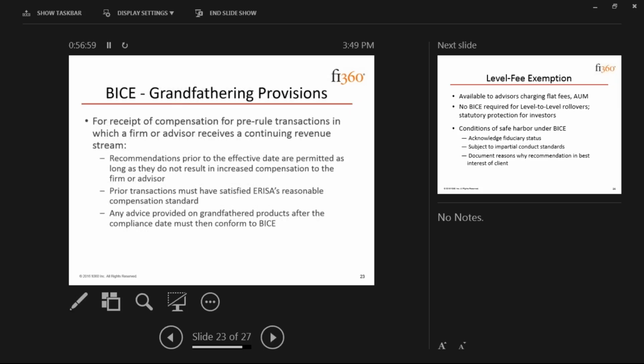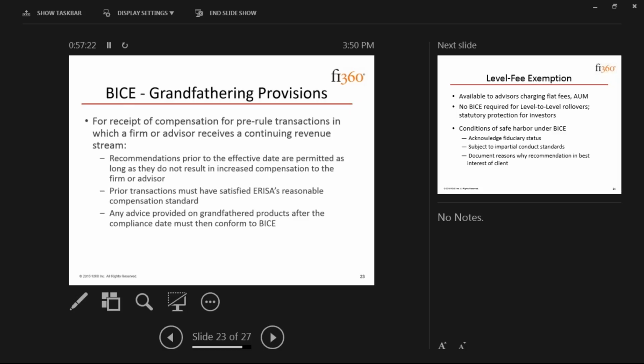We get several questions, or I've gotten several questions, regarding these grandfathering provisions, with respect to clients that you had prior to the rule. You have provided advice on investments, they're in those investments now, there's variable comp involved, you may be getting some trails off of those investments.